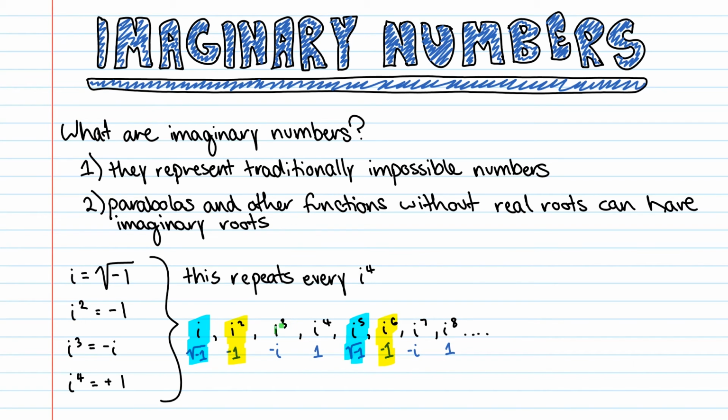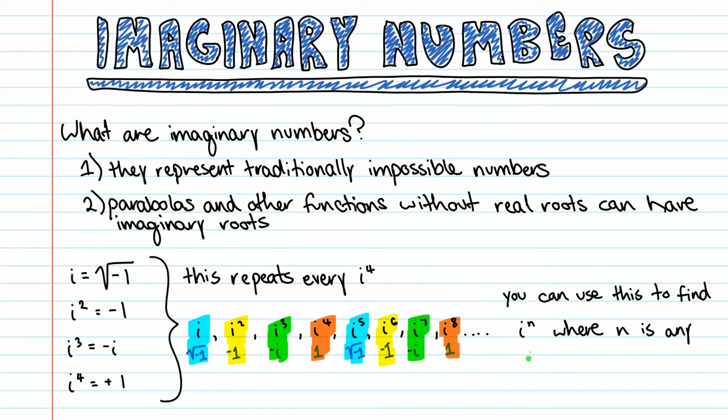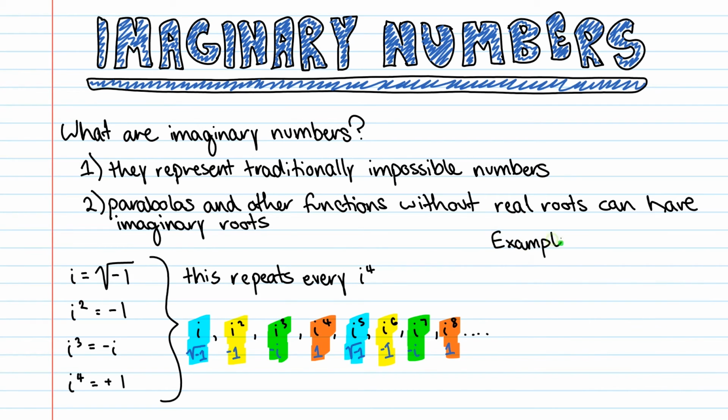Because if we know this pattern repeats every i to the fourth, then we can simplify, and I'll show you how. So let's use this for finding out what i to the 37th would equal. So first, we've got to think about, how many times does 4 go into 37? Because this pattern repeats every i to the fourth. And it turns out that it goes in 9 times with a remainder of 1.